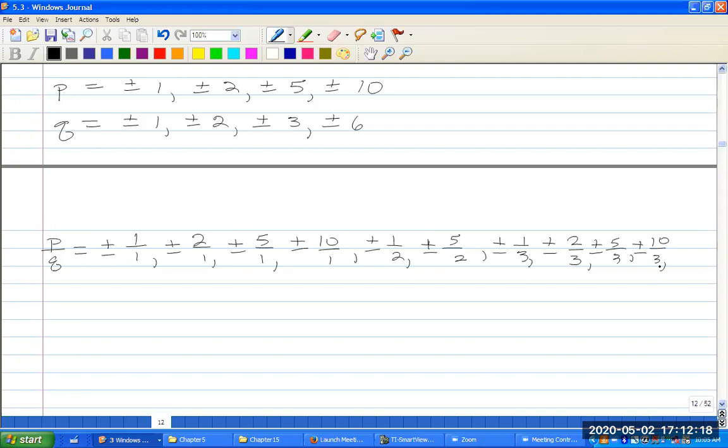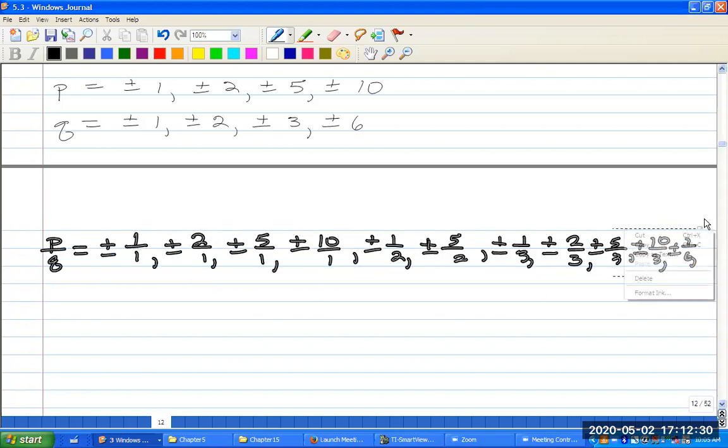Divide everything here by 6: 1 over 6, and 2 over 6 I don't need to write, 5 over 6.